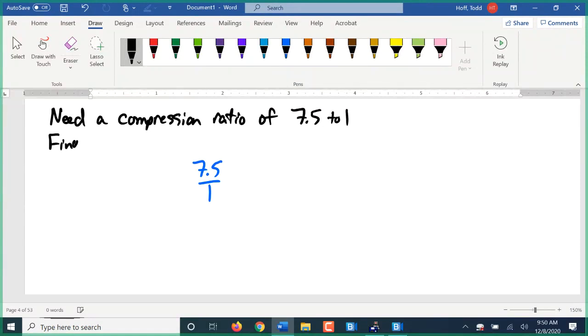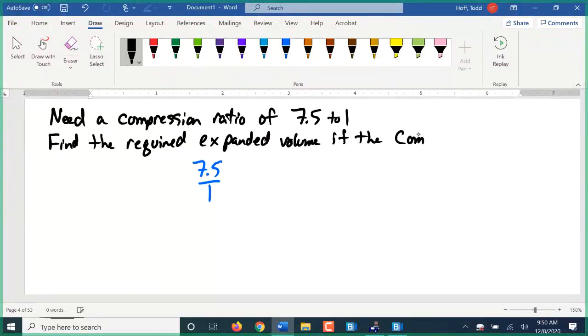Find the required expanded volume if the compressed volume is 28 cubic centimeters.